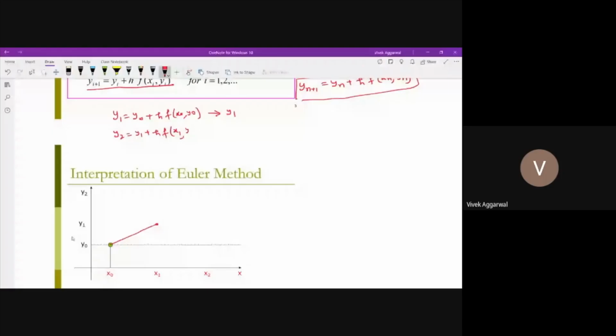Here y1 I have calculated from the first iteration, and x1 I know will be x0 plus h. So I substitute the values in this function, multiply by h, and then this becomes y2.